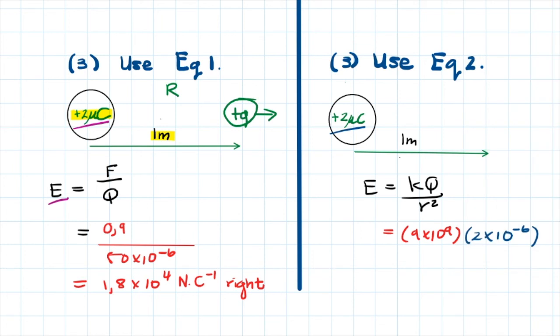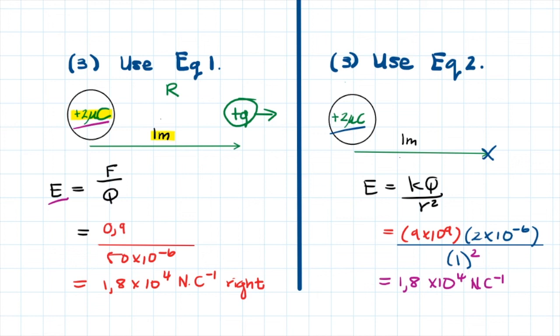We divide all of this by the distance away from the charge. So over here, 1 meter away, where we are trying to determine the magnitude of the electric field. So we plug in 1 and we remember we must square that. We put all of this into our calculators and we obtain an answer of 1.8 times 10 to the power of 4 newtons per coulomb.